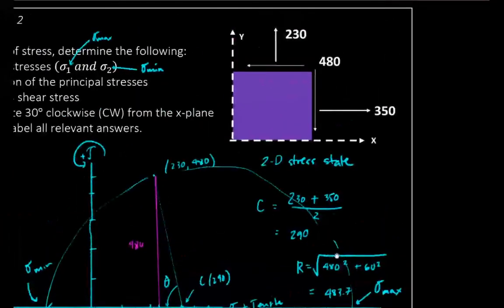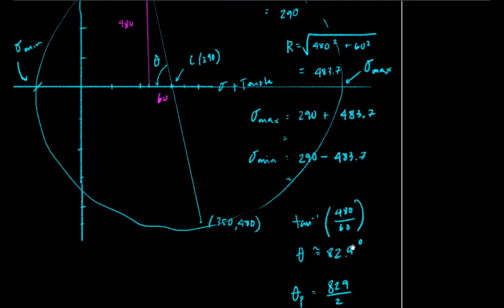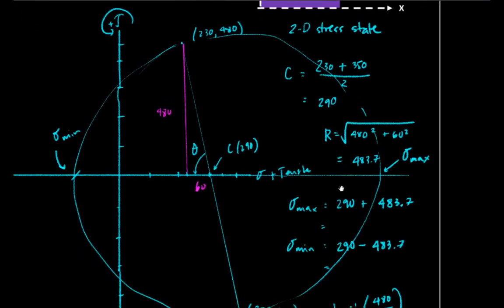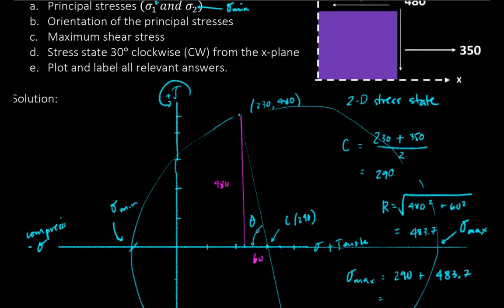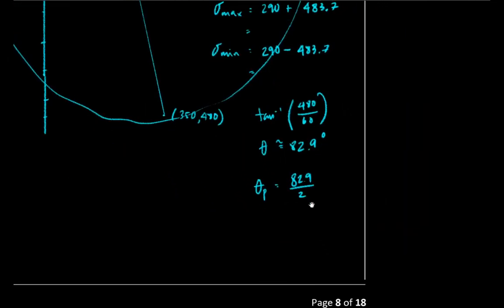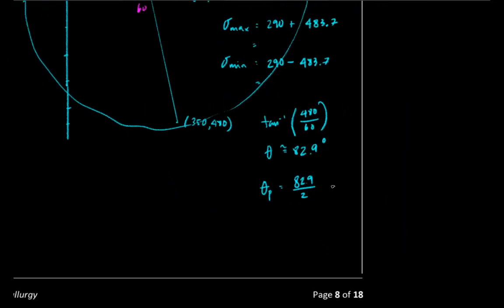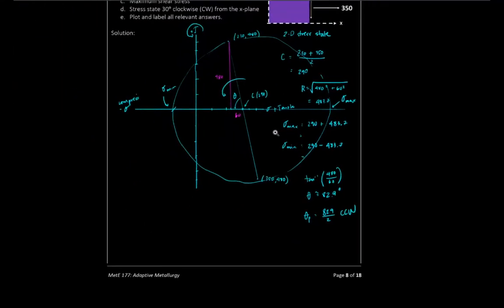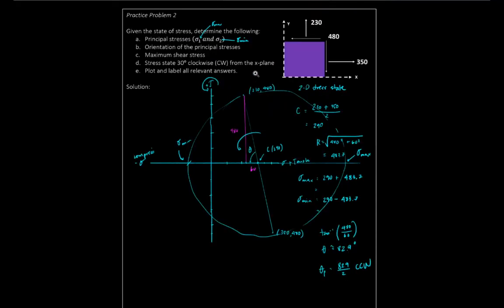This is the amount of rotation we need to do to reach the principal stress, no? And if we look at it, this is moving in a counterclockwise direction. So that's 82.9 counterclockwise direction.